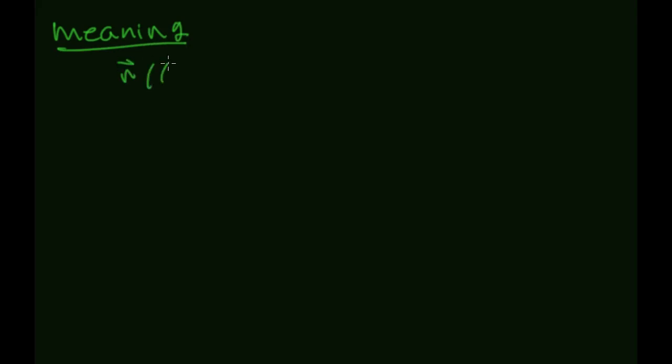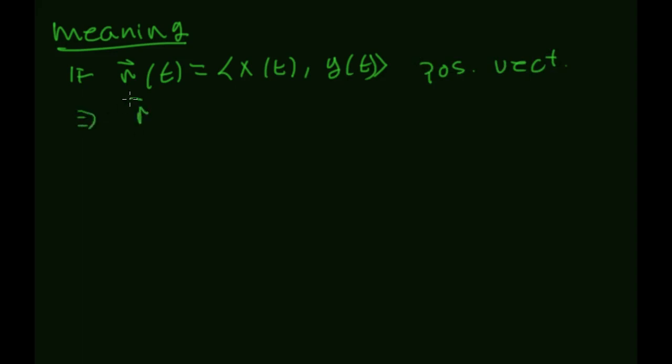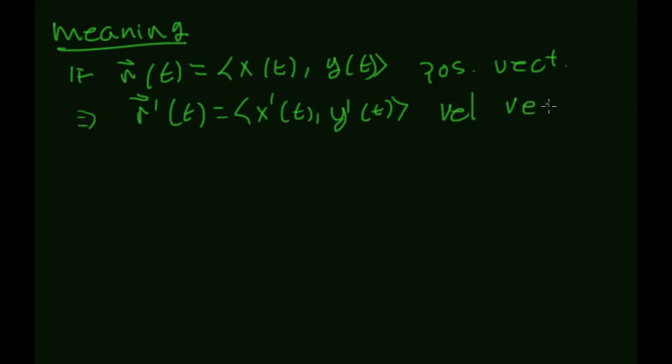So if this vector, and now I'm going to call it x and y because it's pretty specific that this is a particle moving through the plane, is an x function and a y function, and if this is a position vector, then r prime of t, which would be x prime of t, y prime of t, is the velocity vector. Aha, so we're making sense of particle motion here.